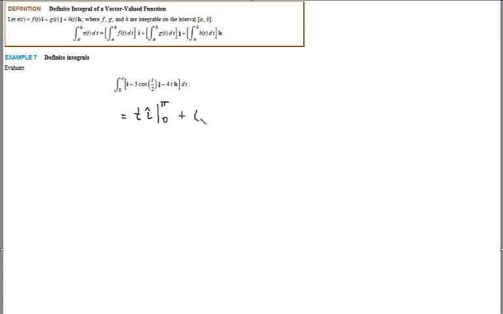I've got to take into account that 1/2 that's going to be multiplied out front, and this will be sine t over 2 in the j direction evaluated from 0 to pi, minus 4t squared over 2, so that's just going to be 2t squared in the k direction, evaluated from 0 to pi, and then I'm going to compute.